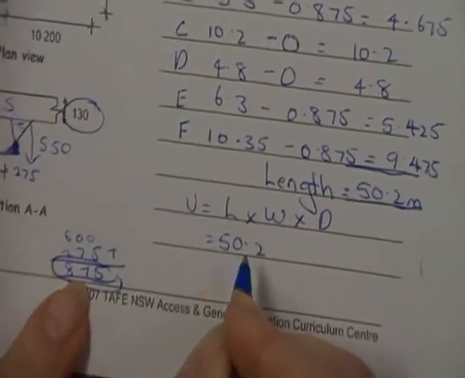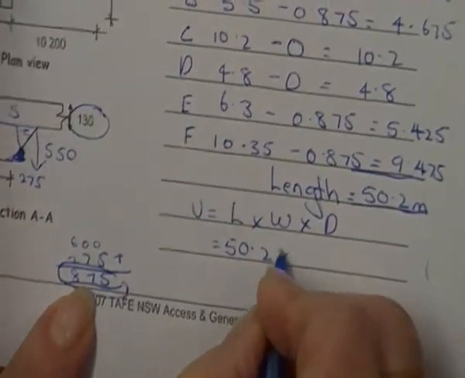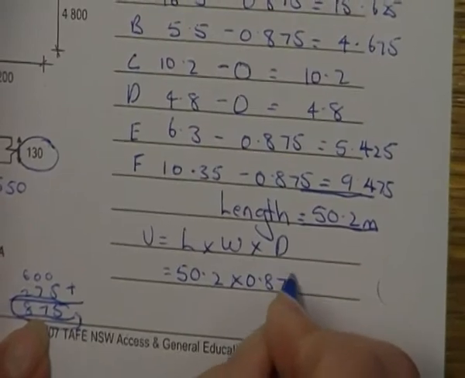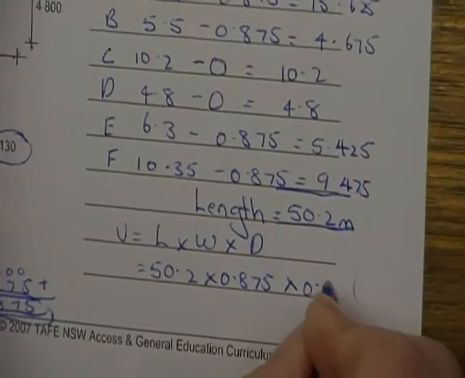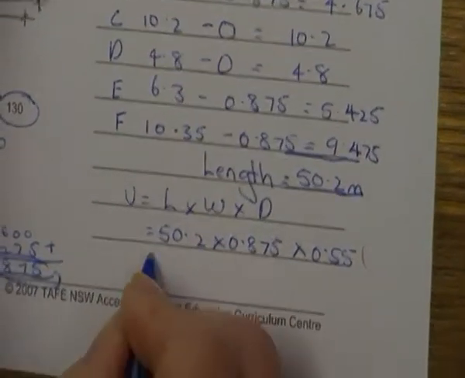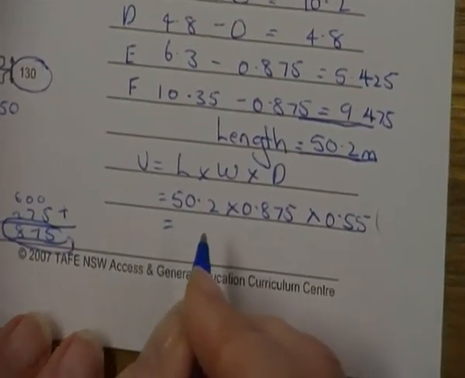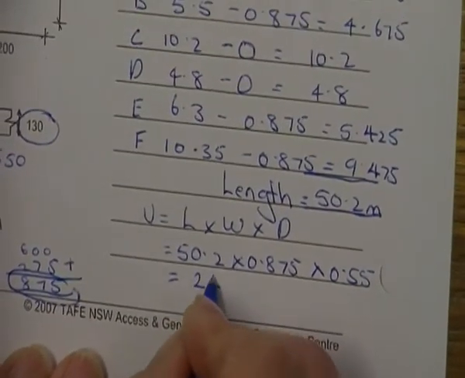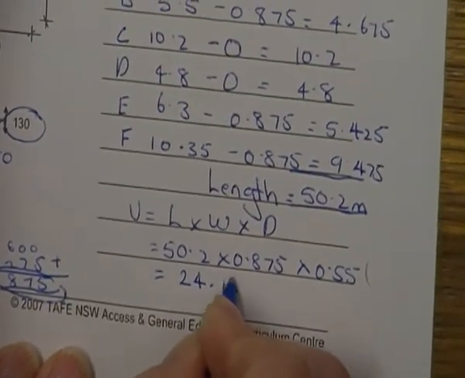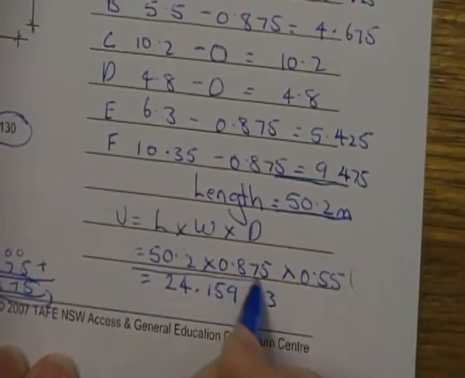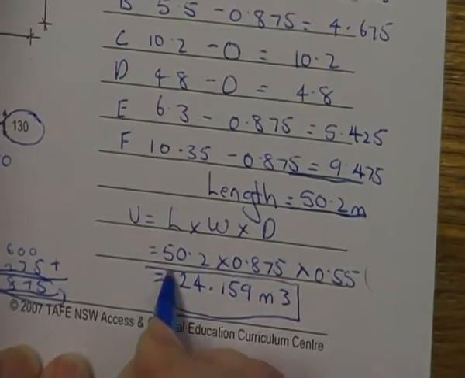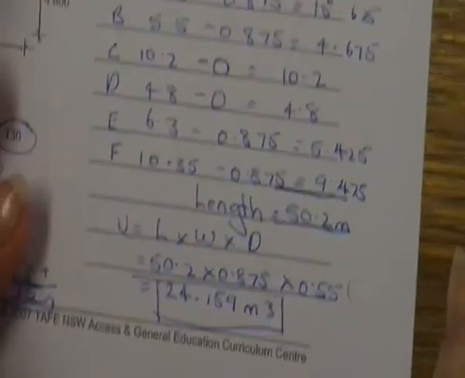Remember, we need our wide width, 0.875, times the depth of our footing, which is 550, so 0.55, and we get a figure here of 24.159 meters cubed. Now I want that answer. We now have to add this answer and this answer together. I'm going to go over to the next page to complete it.